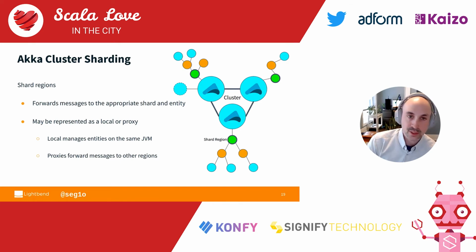And if a message is sent to a local region, then it will take care of creating the entity within its own JVM and sending the message to it. The proxy regions are basically a gateway to another shard region that might be running on a different node. So it will just forward messages along as appropriate.